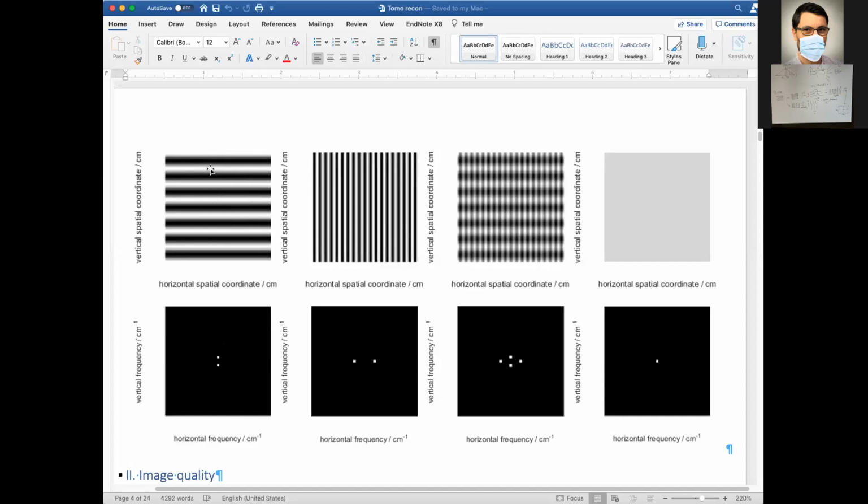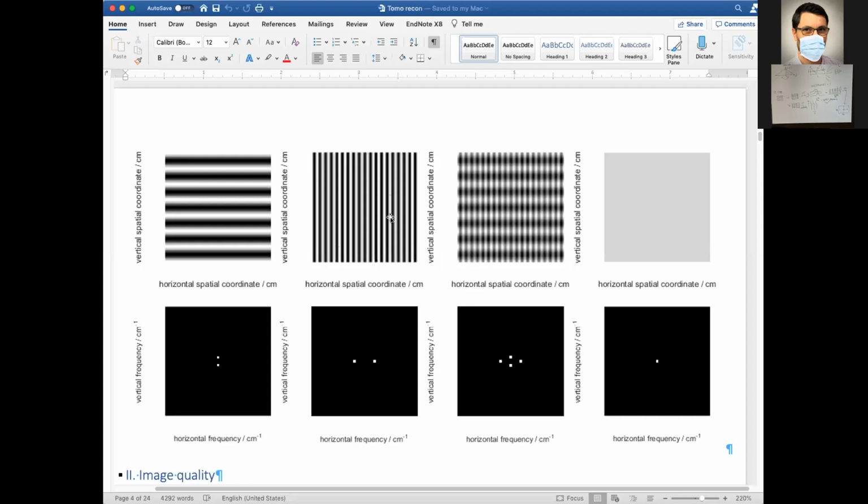These stripes correspond to a cosine wave going in the vertical direction. And in the frequency domain, there's only a non-zero component at this value here. And because, remember, the spectrum is always symmetrical, there's a symmetrical copy of it on the opposite side of the spectrum, 180 degrees away.